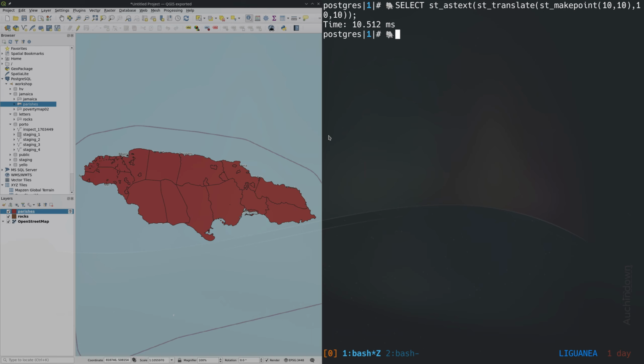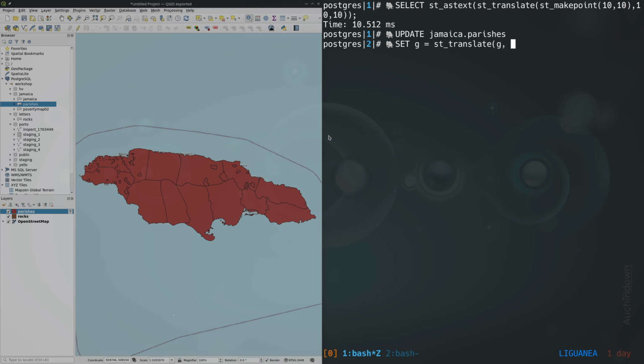So let us do, now we're going to set the geometry equal to st_translate, G for geometry, and we are going to move Clarendon south by about 20 kilometers.